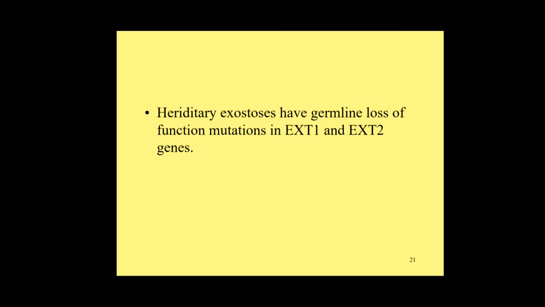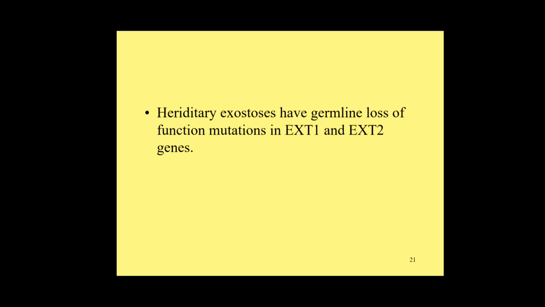Coming to the germline mutations present in osteochondromas, it is the EXT1 and EXT2 genes which are affected. So there will be loss of function mutations in these genes. So what are these genes responsible for exactly? These genes encode enzymes that synthesize heparan sulfate glycosaminoglycans.